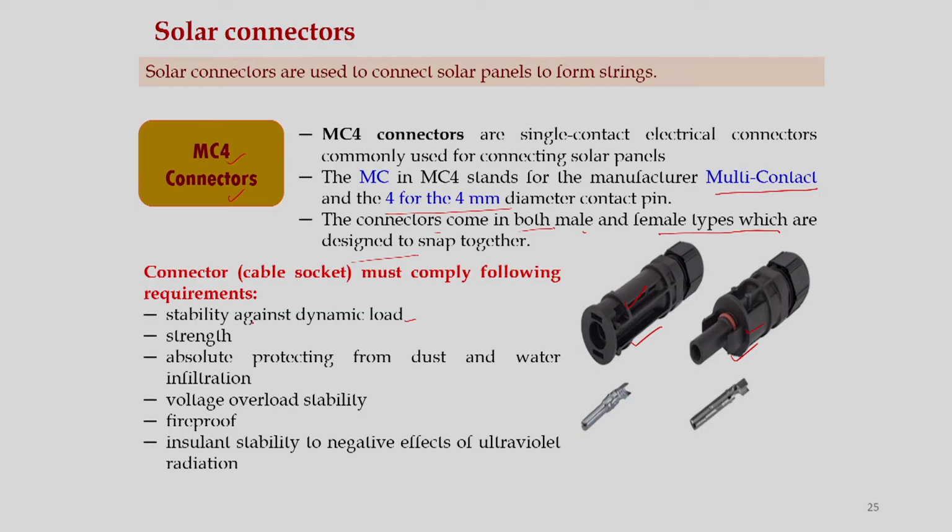So, that has to be stable against the dynamic load. Then strength, it should have some kind of strength, and absolute protection from dust and water infiltration. Water and dust should not enter the connector, and voltage overload stability is also one important factor. Then fireproof.